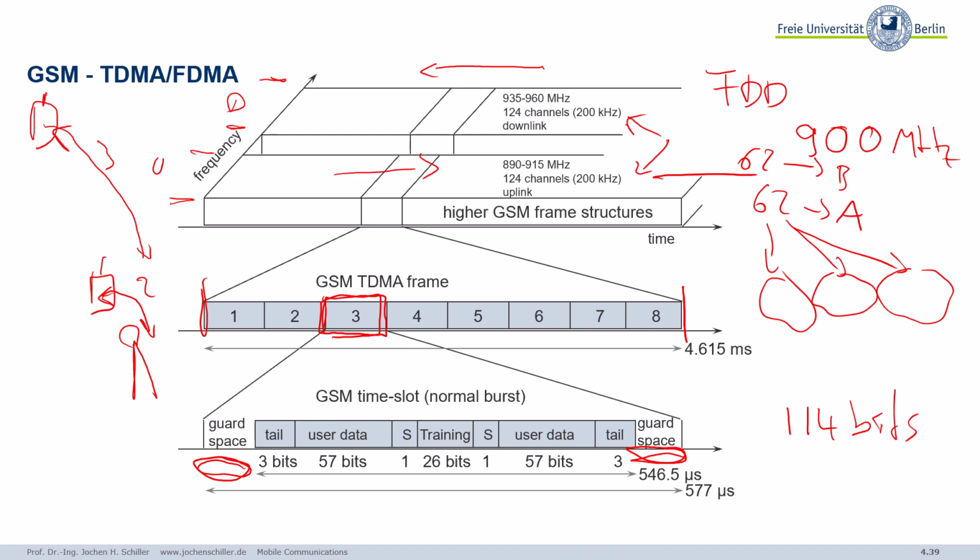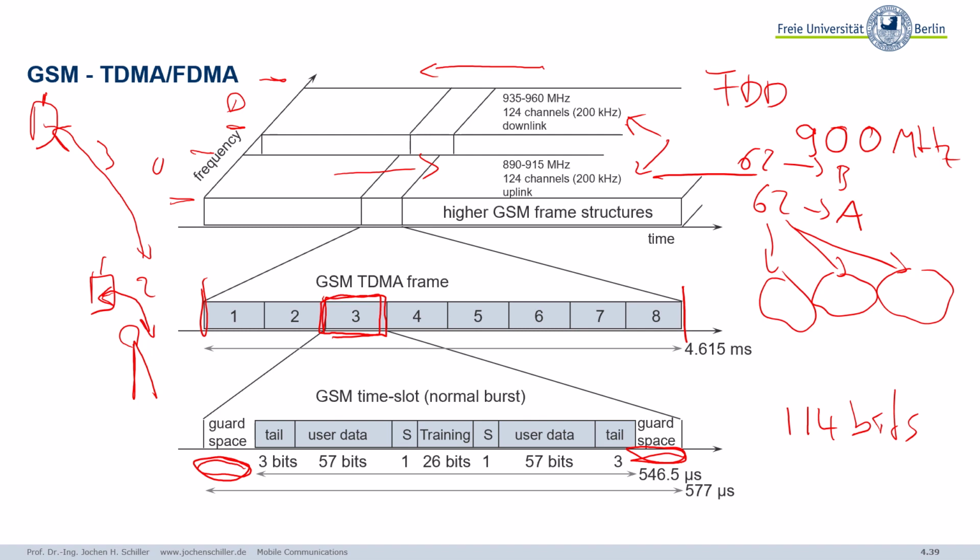So why having additional guard space? Well, the device is moving. You also have things like certain multipath propagation, all the other problems. But while you're moving, you cannot make sure that the user data exactly fits into the slot. There might be some overlap without having the guard spaces. So you cannot really adjust everything.